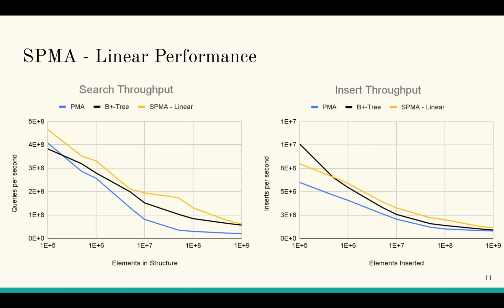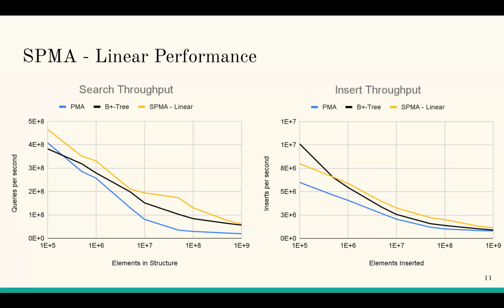So now let's look at some empirical performance for these. Here I have search throughput on the left as we perform lots of searches into the structure, and serial inserts on the right, where in both cases we're measuring throughput, so up is good. We're comparing a traditional B tree in blue to a traditional B plus tree in black, and the search optimized PMA in yellow.